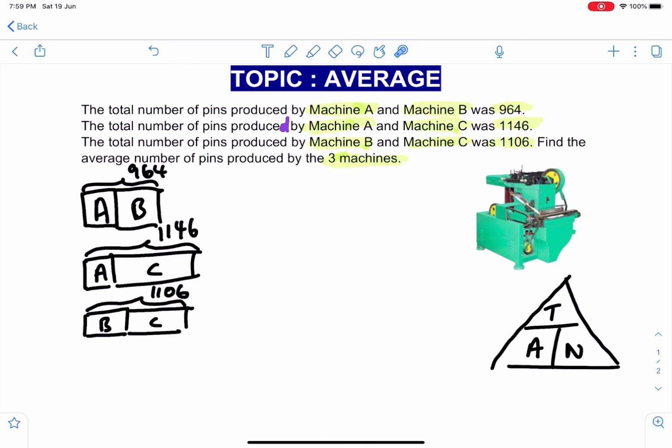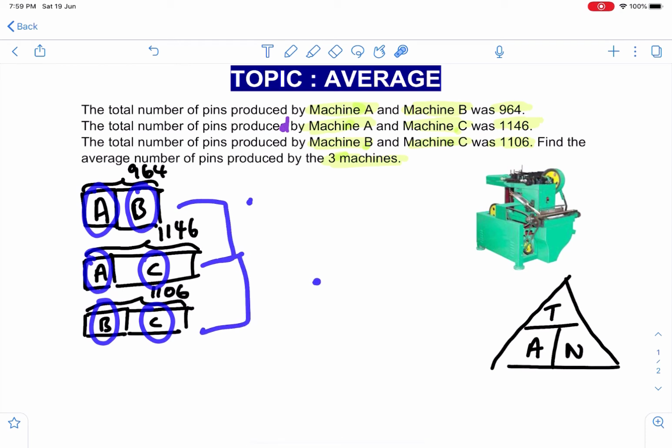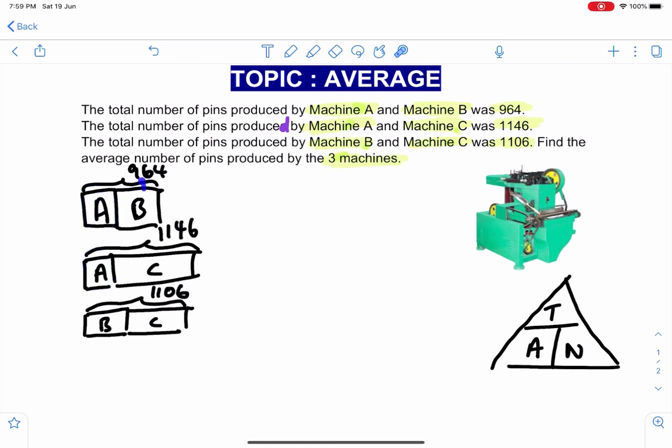At the moment, it seems like it's all over the place, but if you notice, there are 2 A's here, there are also 2 B's, there are also 2 C's. So basically, what does this mean? If you add up these 3 sets of models, you will achieve 2 A blocks, 2 B blocks and 2 of the C blocks as well.